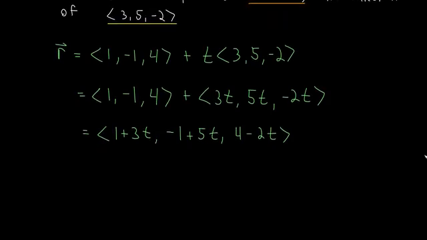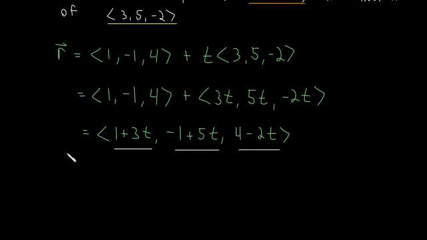And what it's telling us is, given any number t, you can plug that in, and it will tell you a position vector of a point on the line. The position vector will have the x coordinate here, the y coordinate this number, and the z coordinate this number.